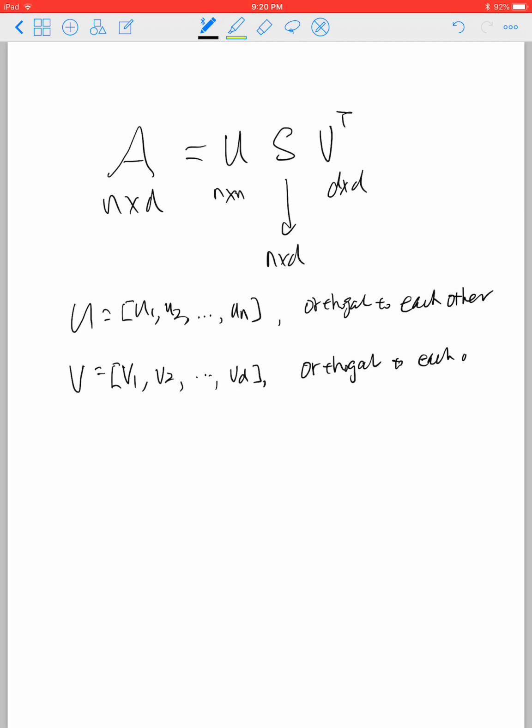Okay, so first let us review singular value decomposition. This is the most widely used matrix decomposition.